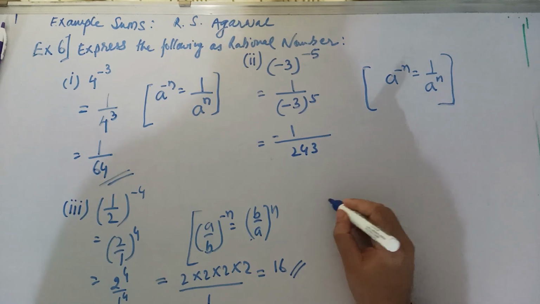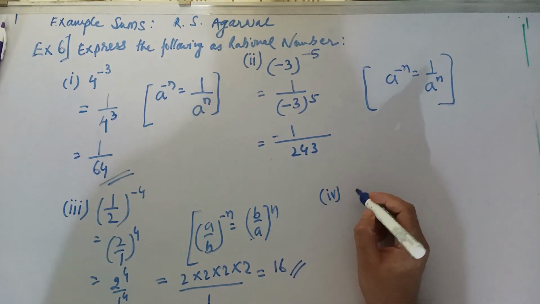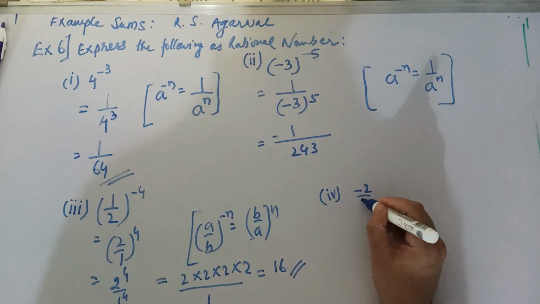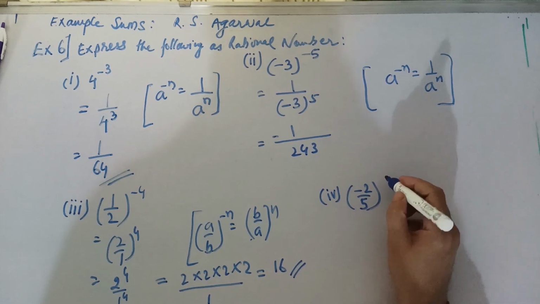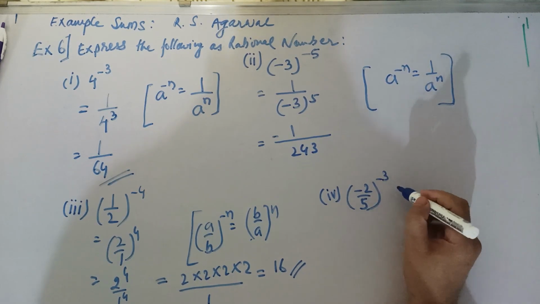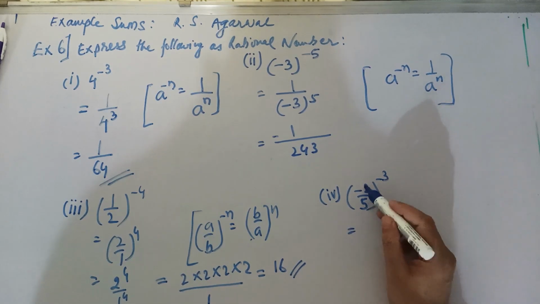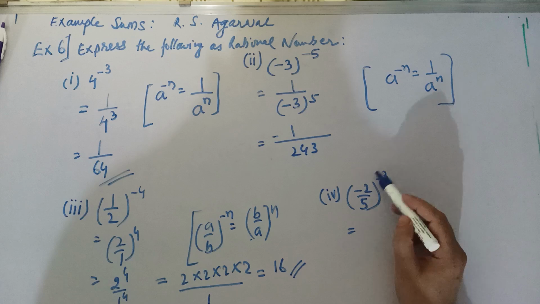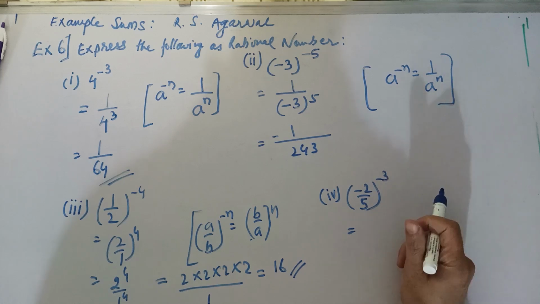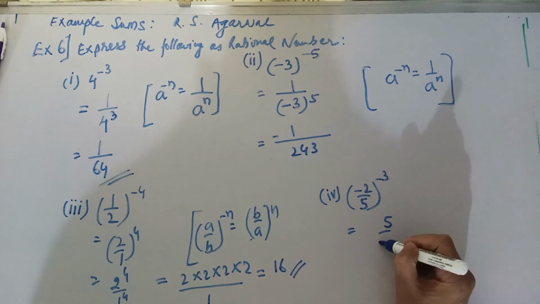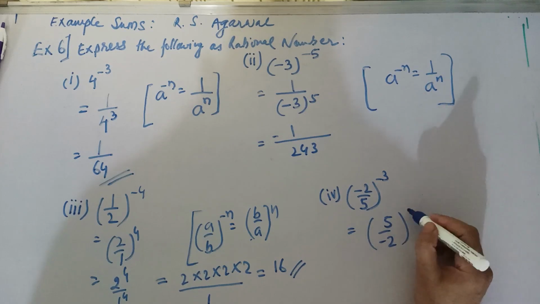The fourth one is (-2/5) raised to minus 3. This again can be written as a reciprocal, because the base is in the form of a fraction and there is a negative sign. So 5 upon minus 2 raised to 3.